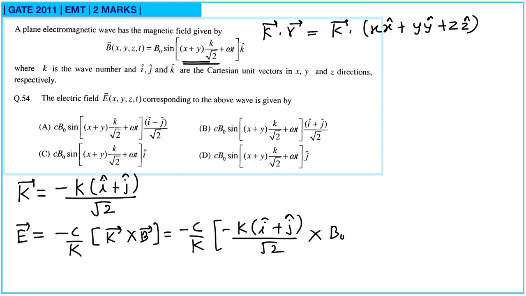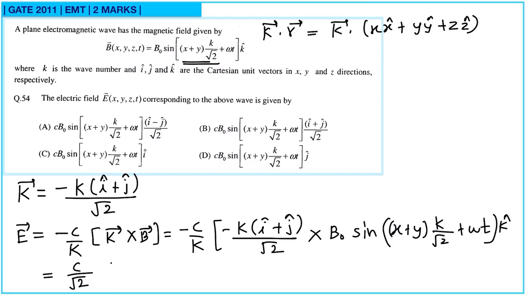B bar is B naught into sine of (x plus y) into k by root 2 plus omega t into k cap. So this k and k will cancel out, minus minus will become plus. So this will be c by root 2 into B naught into sine and this whole term into, we have here i cap cross k cap.